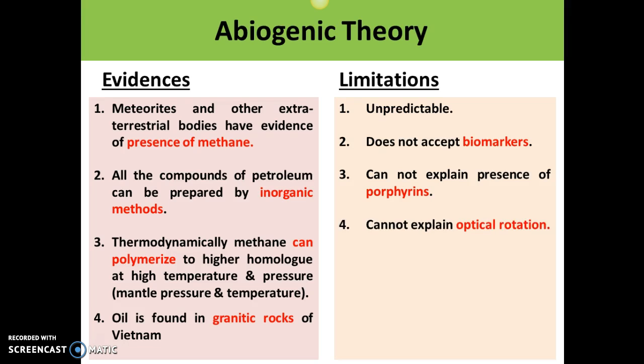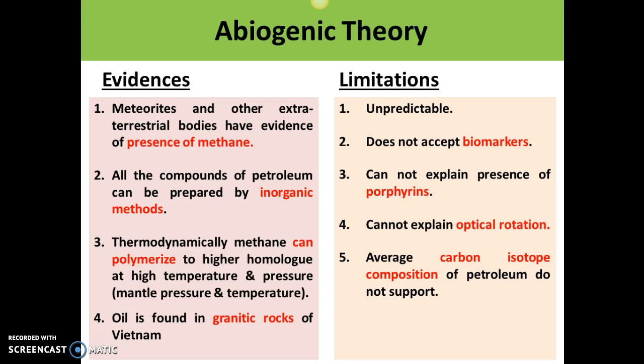So next, this theory cannot explain the optical rotation that occurs within the bonds of hydrogen-carbon compounds when you examine the oil for the thermal maturity interpretation. And lastly, this theory does not support the presence of average carbon isotope composition in petroleum.